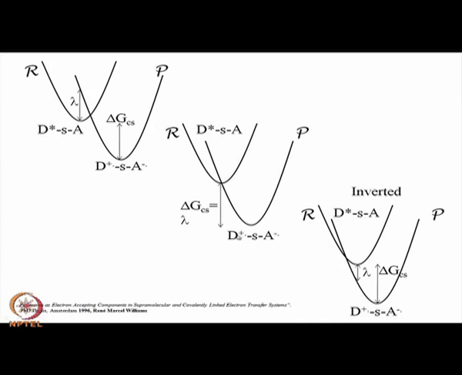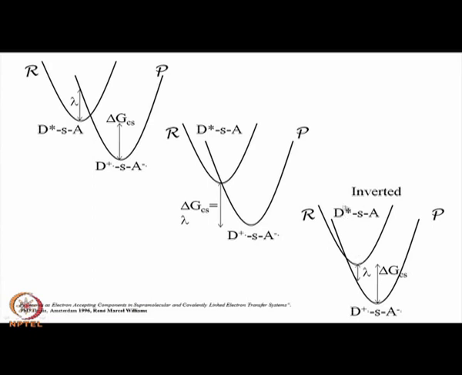So, this is the second situation, and the third situation is this inverted one, where this is your lambda. In order to reach this product state, since it is over here, you need to overcome this vibrational ladder, and that actually reduces the rate of the process.